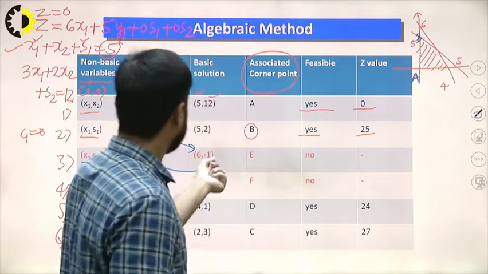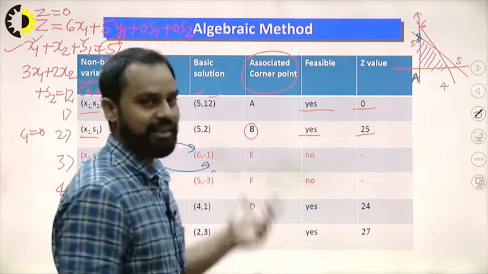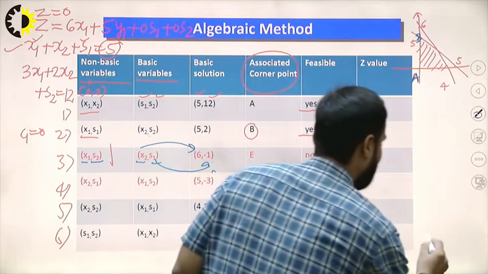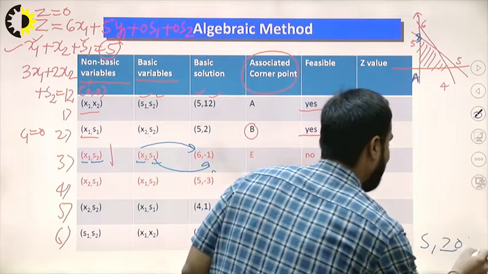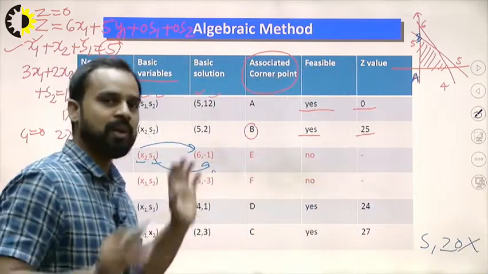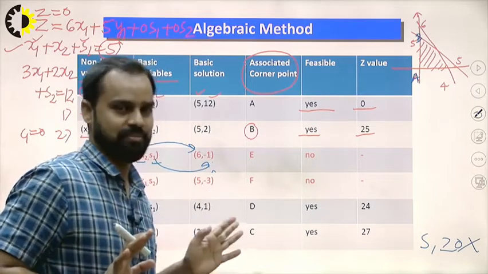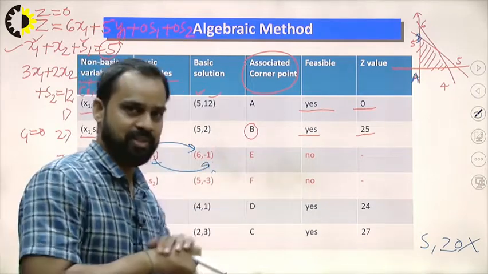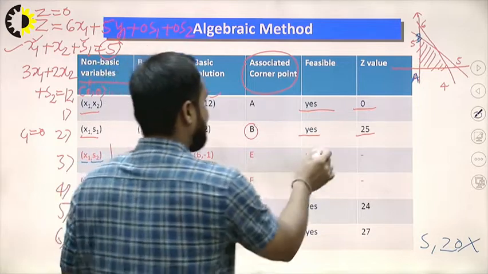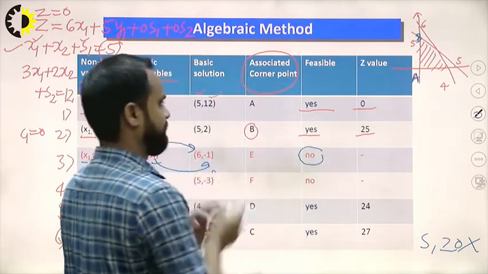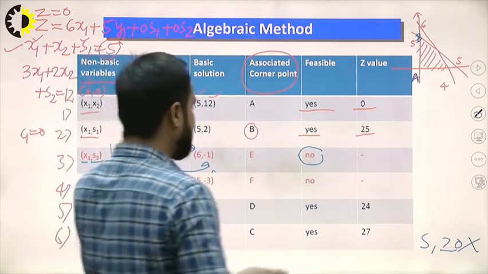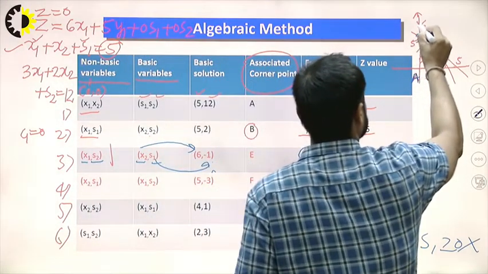Here s1 is negative. If s1 is not greater than or equal to 0, then this corner point does not have any solution, meaning there is no feasible region.